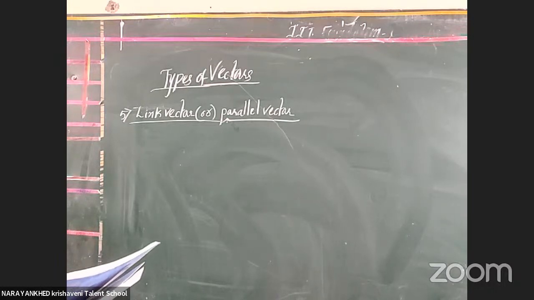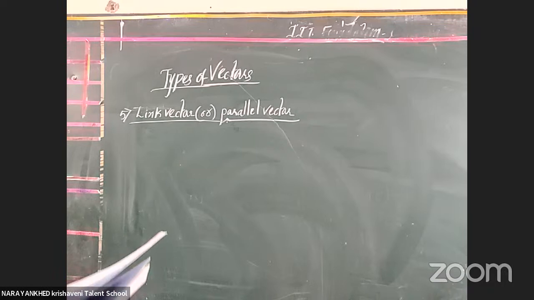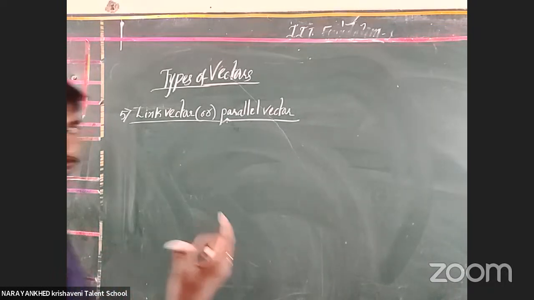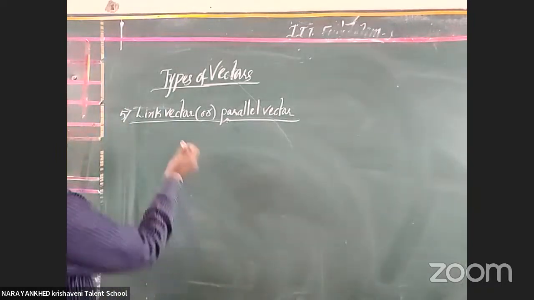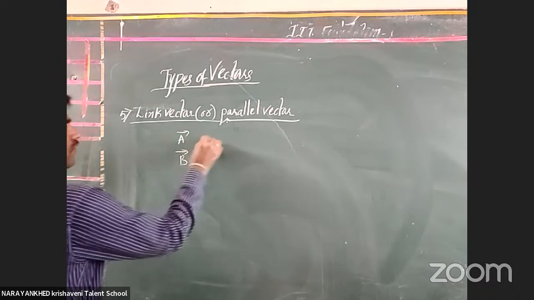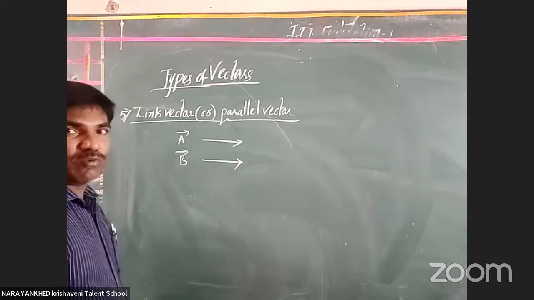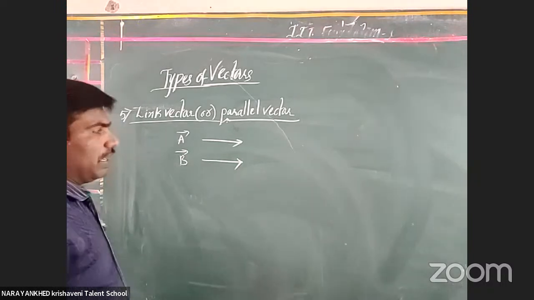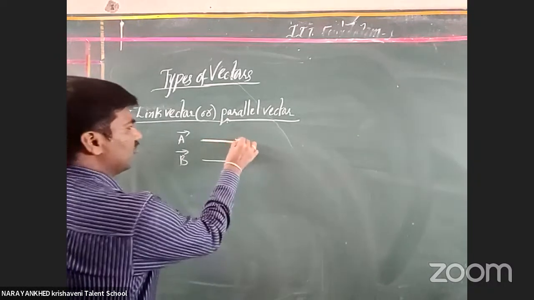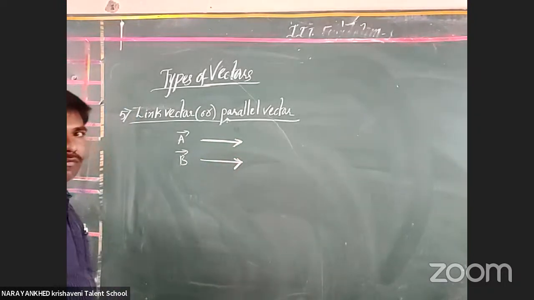Then they automatically become parallel vectors. Here one vector is A bar, another one is B bar. If they have the same direction, they are called parallel vectors only. The directions should be the same. That is called a parallel vector.